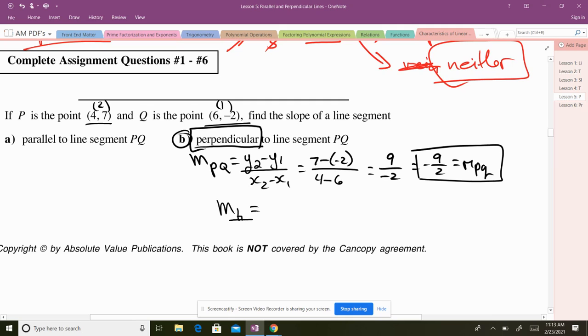What do you do to the fraction? Flip it. Flip the fraction, so it becomes 2 over 9, or -2 over 9, and then what do you put in front of it? A negative. Now I have two negatives, so it's just 2 over 9.